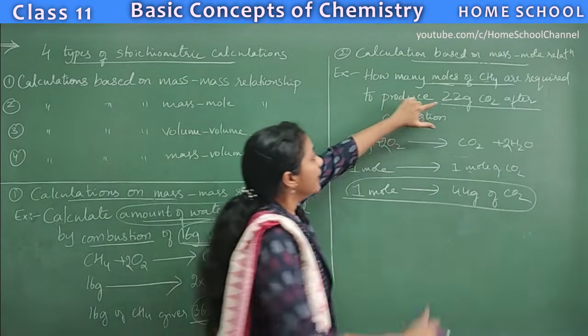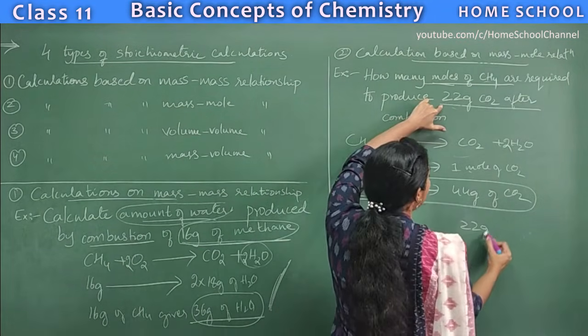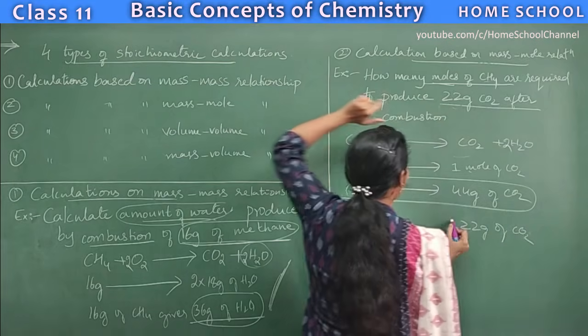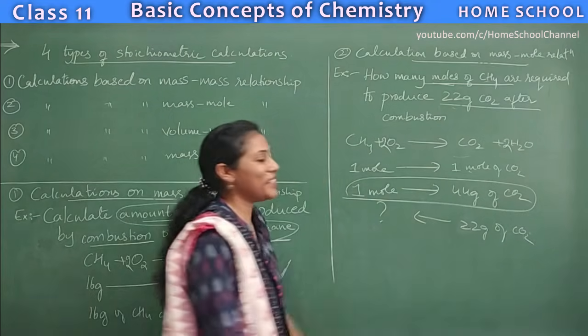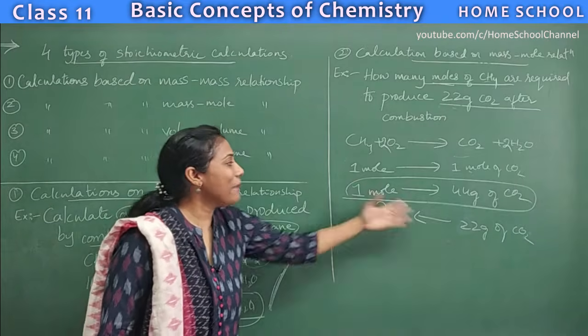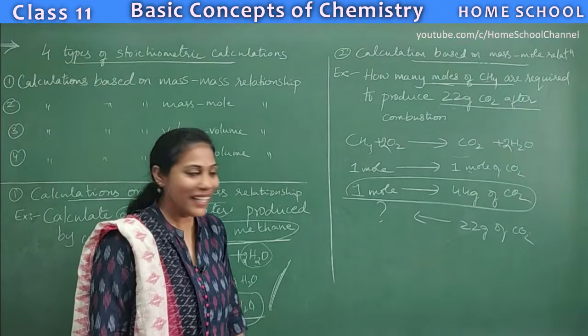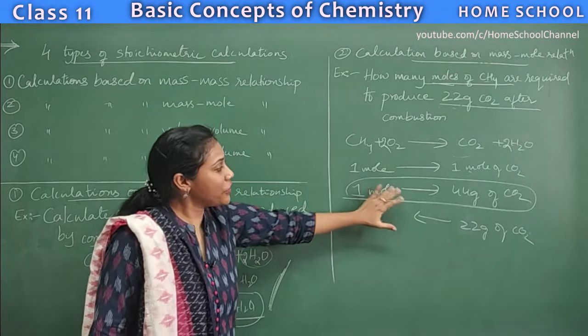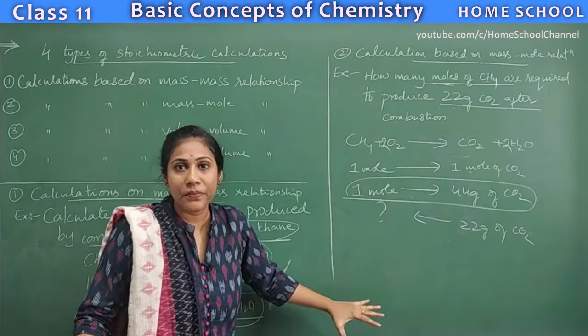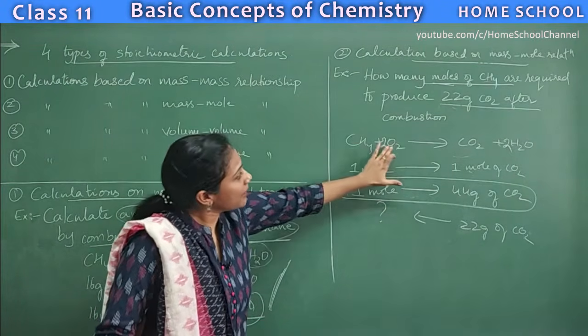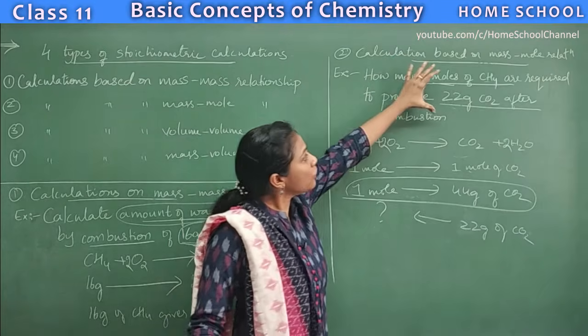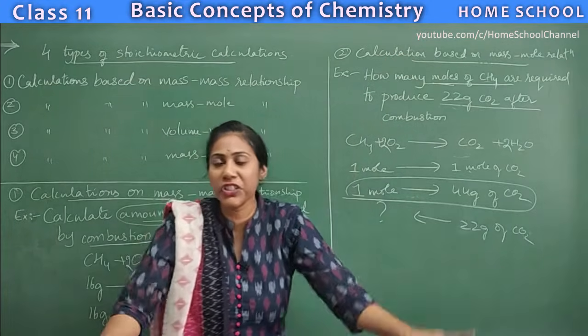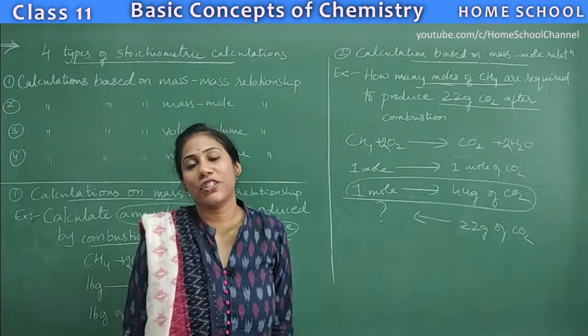And they are asking, if you get 22 grams of carbon dioxide, how many moles of methane are required? That's it, a matter of cross multiplication, right? So from the chemical equation we could write this. This is important: writing this from the chemical equation according to the question is the major step in stoichiometric calculation.